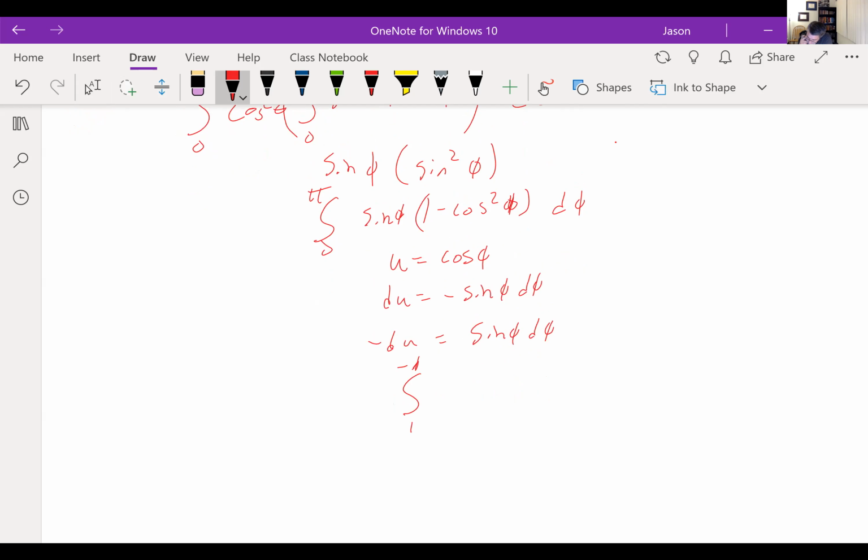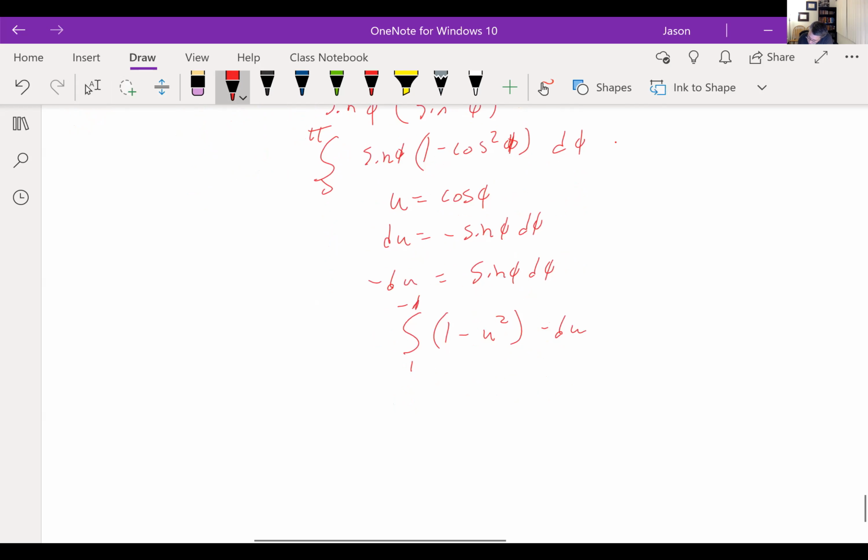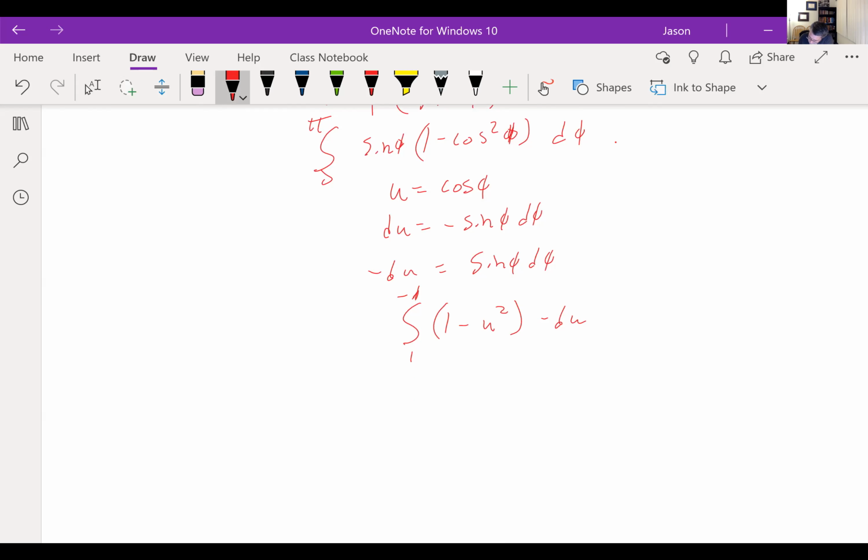So that's 1 to negative 1 of 1 minus u squared, but then we have a negative du. That's going to flip this around, but if I flip the limits around, I cancel out that negative. If I went negative 1 to 1, I could cancel that negative out. So it's just 1 minus u squared du.